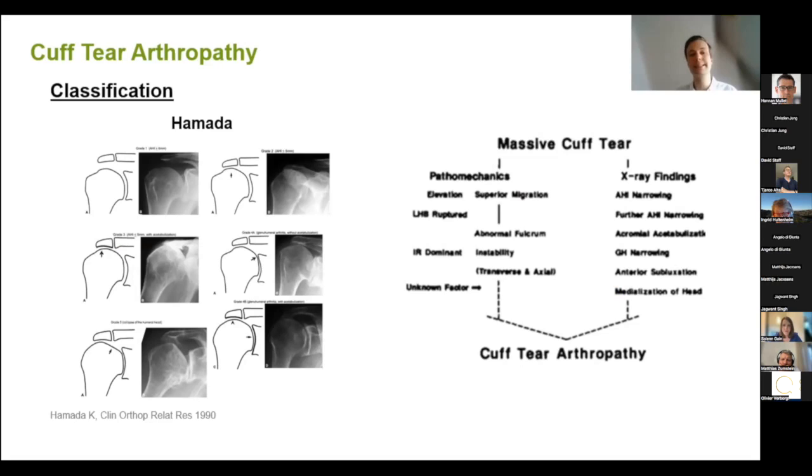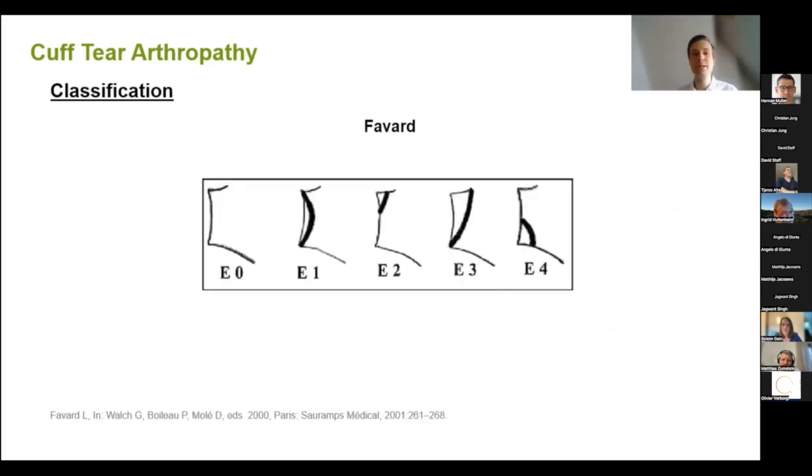Note that this acetabularization of the acromion can recreate a fulcrum, similar to the hip joint, which may help in glenohumeral movement. However, the Hamada classification does not address morphologic changes of the glenoid, so therefore we have the Favart classification that describes these changes of the glenoid according to degree.